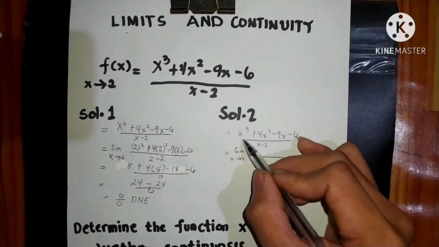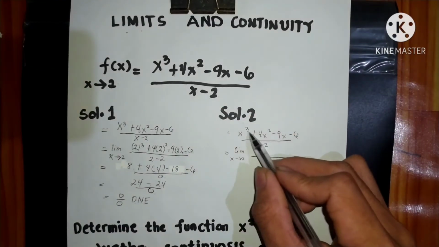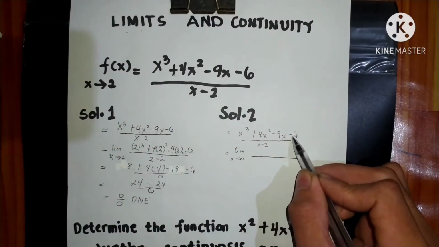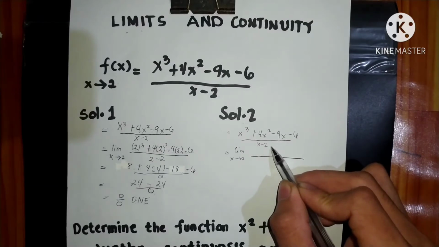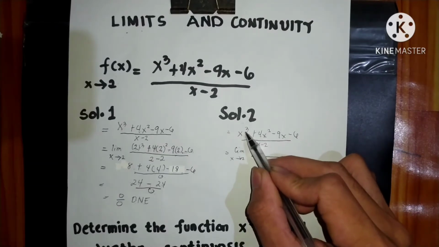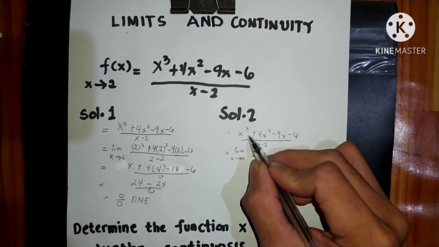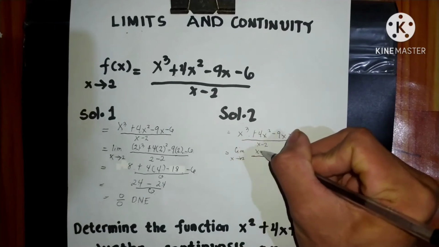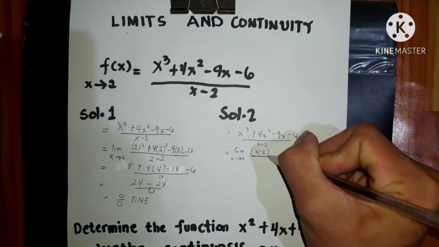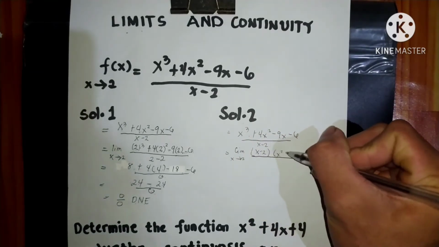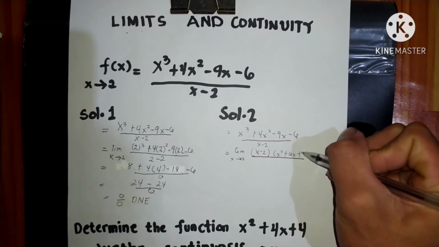So, in the second solution, copy this function, x cubed plus 4x squared minus 9x minus 6 over x minus 2. Then, factor out this polynomial numerator. So, x minus 2, x squared plus 6x plus 3.